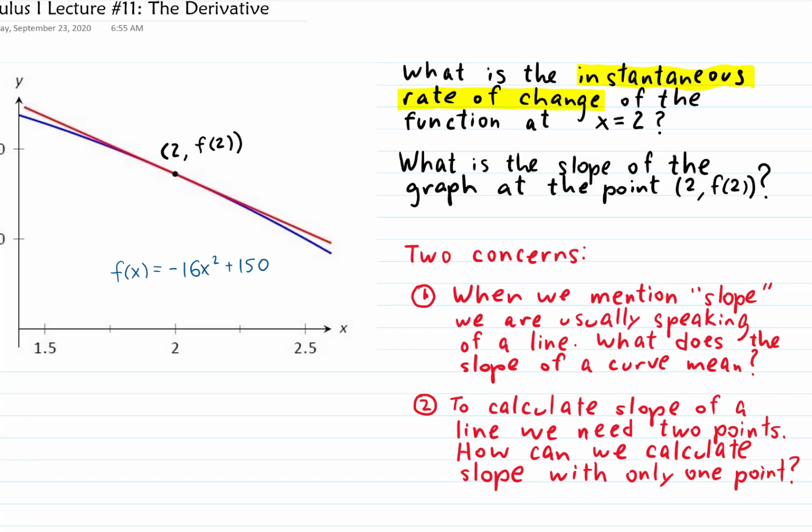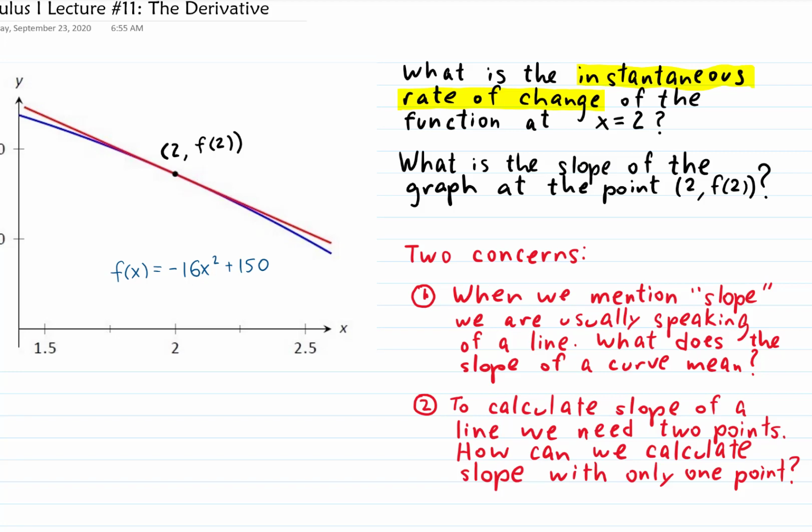Okay, so imagine taking a ruler that's red, and you're placing the ruler on the blue parabola right at the point 2, f of 2, and the ruler balances itself on the parabola so that it's parallel to the parabola right at that one point. Okay, then when I say the slope of the parabola at that point, what I mean is the slope of the line that's balancing on the parabola.